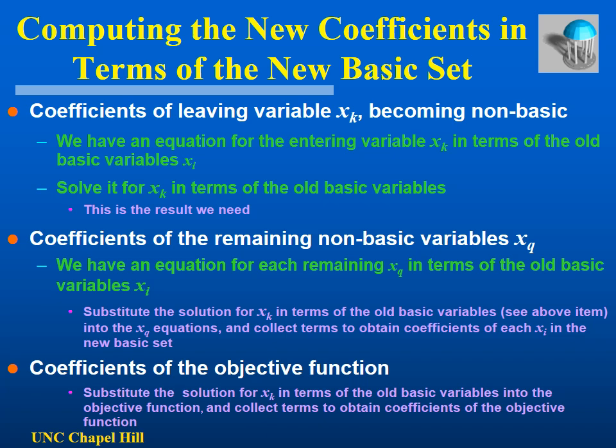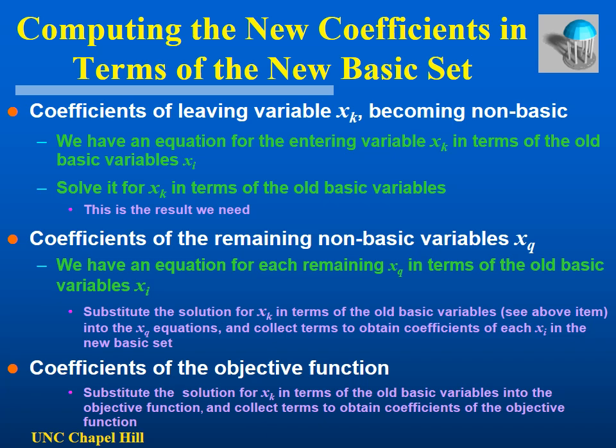Now let's consider the coefficients of the remaining non-basic variables, x sub q. Well, we also have an equation for each remaining one of them in terms of the old basic variables, x sub i. But one of those old basic variables, x sub i, is the leaving variable.